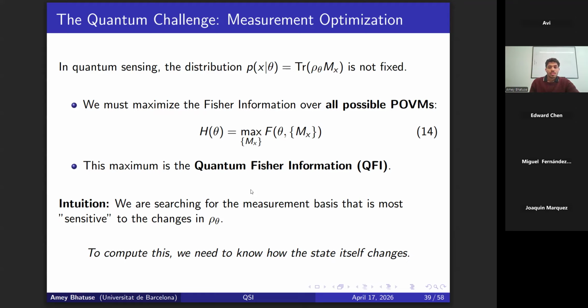Now, to compute this, we need to know how the state itself changes. With a classical distribution, we are sure that if we change the parameter this much, the outcome will change this much. But here, the quantum state itself can be a bit enigmatic, so we want to check how exactly it changes.